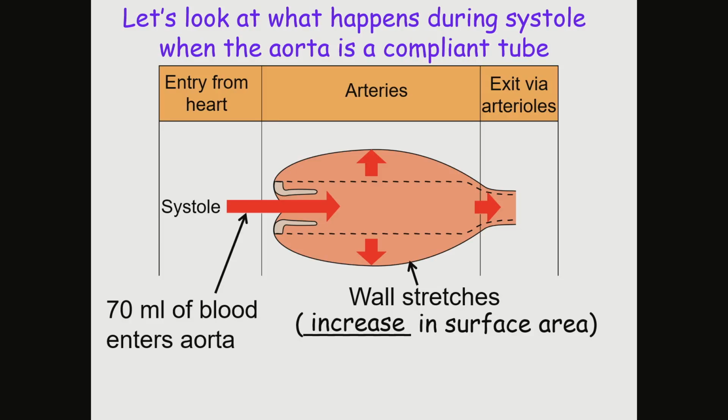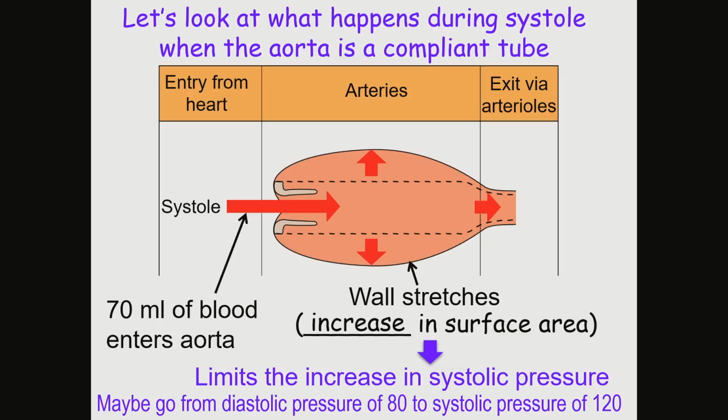So an increase in surface area would have a negative effect on pressure, but I got all this blood coming in too, which has a positive effect on pressure. If you add the two things together, maybe blood pressure goes from 80 not to 150, but to maybe 120 millimeters of mercury. So that limits the increase in systolic pressure.